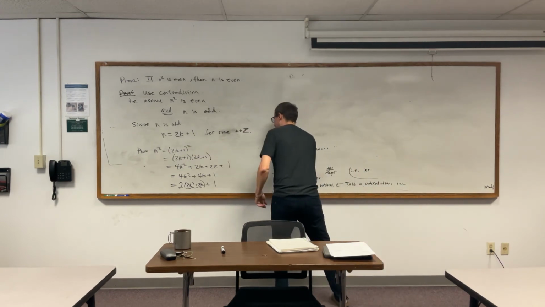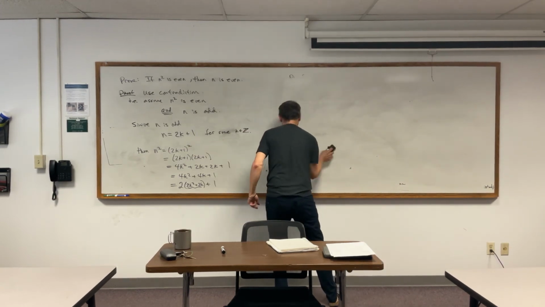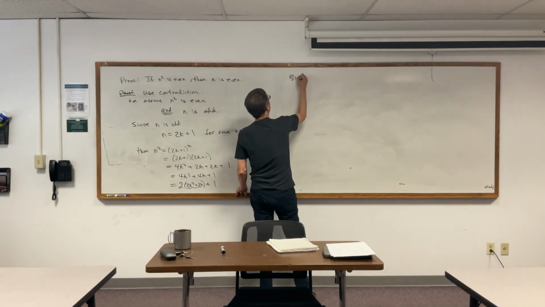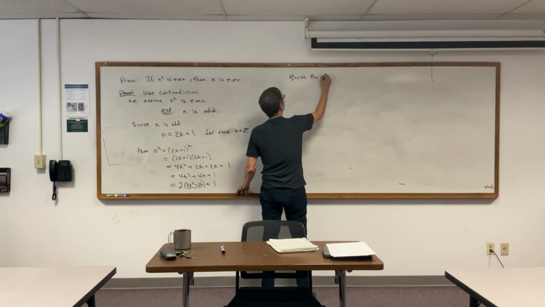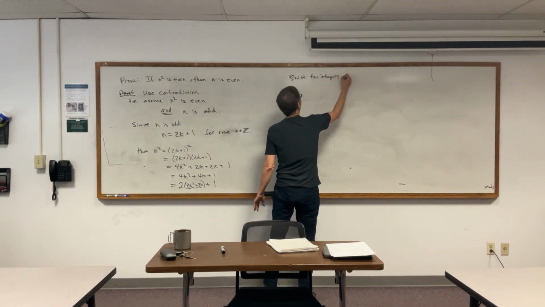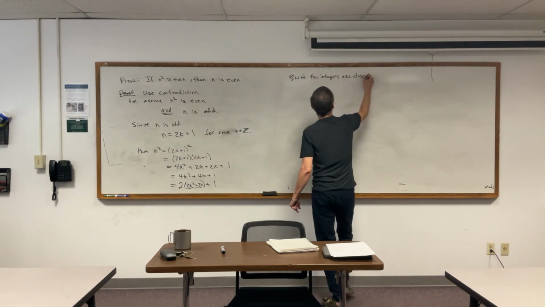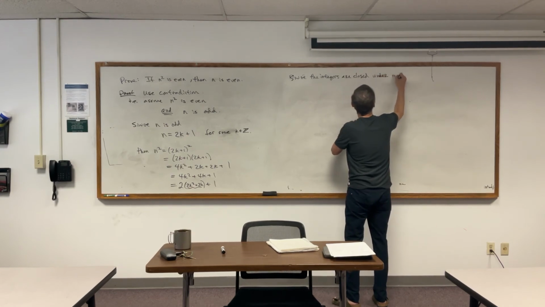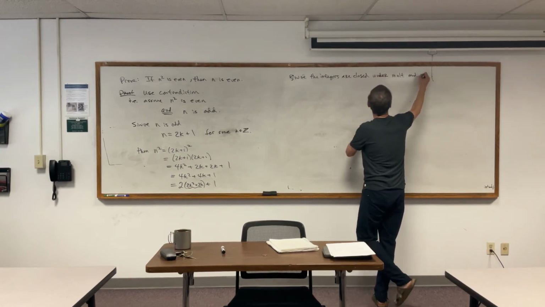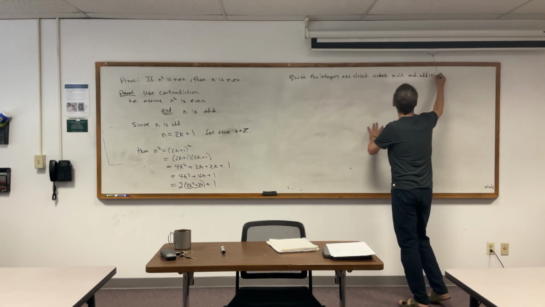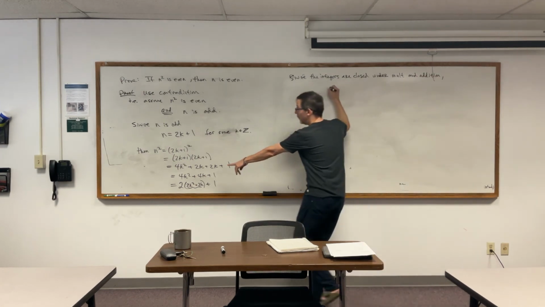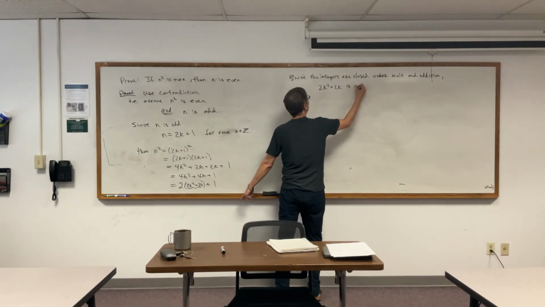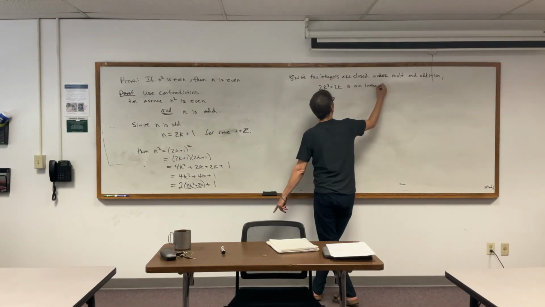So, making this nice and pretty. So n squared. Since the integers are closed, just what Yvonne said, under multiplication and addition, 2k squared plus 2k is an integer, because k is an integer.